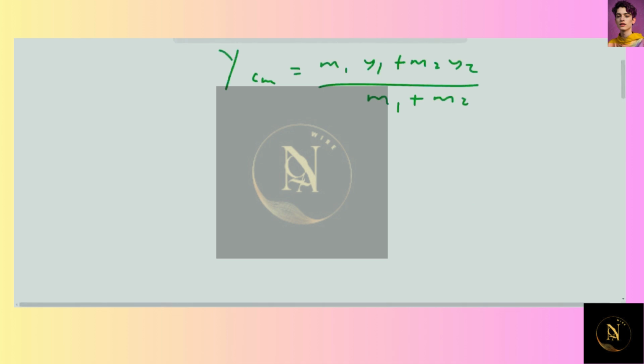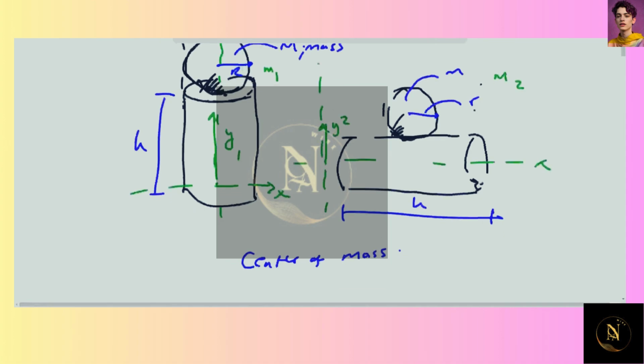And this is part A, and this is part B. We have two objects, object 1 and object 2. So we want to find the center of mass of these two objects.